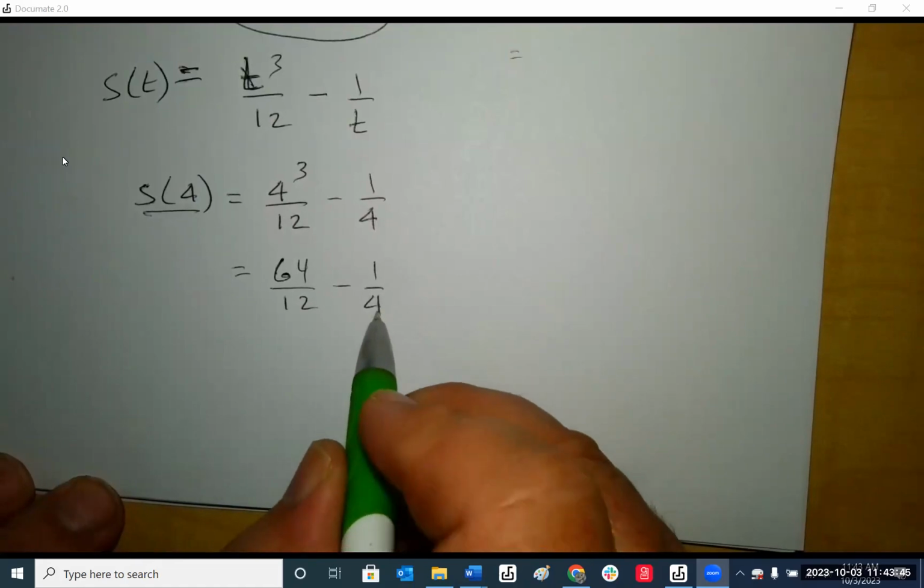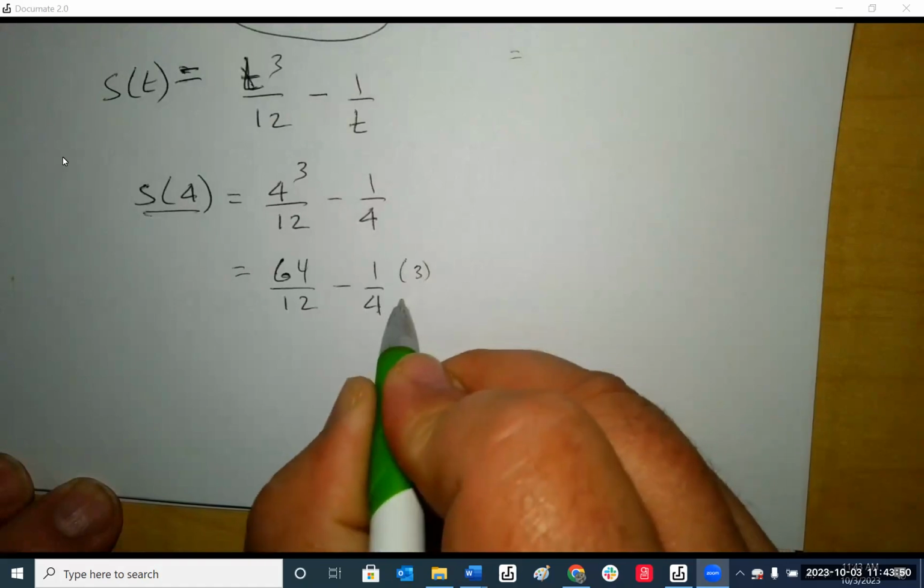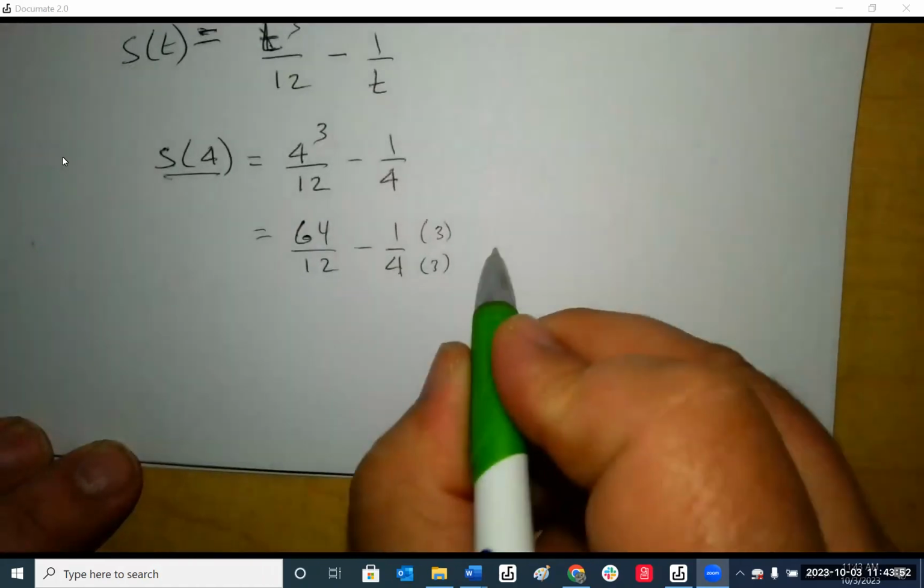Get a common denominator, so I need 3 and 3.